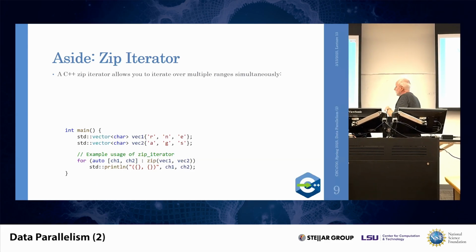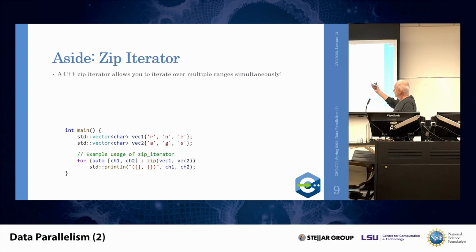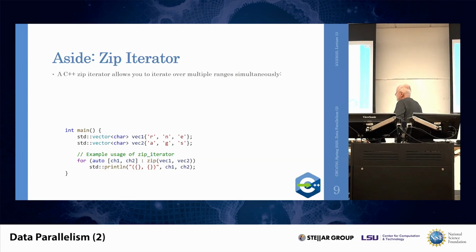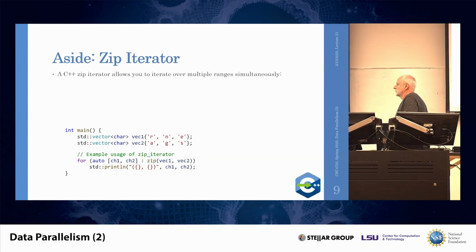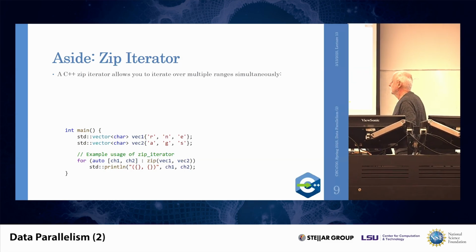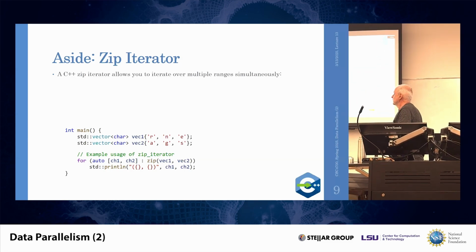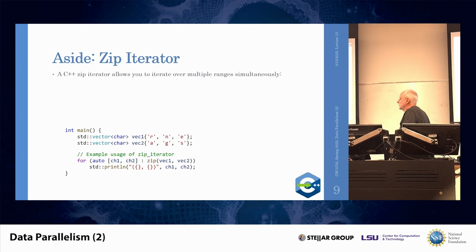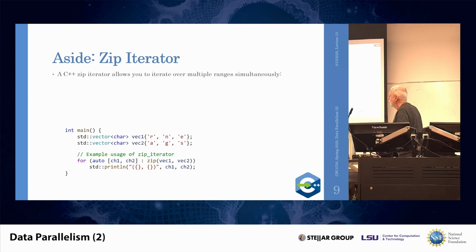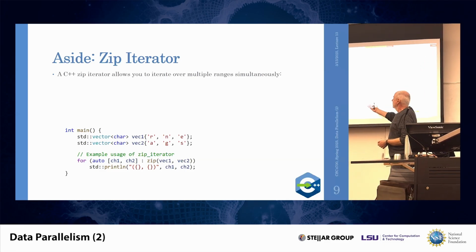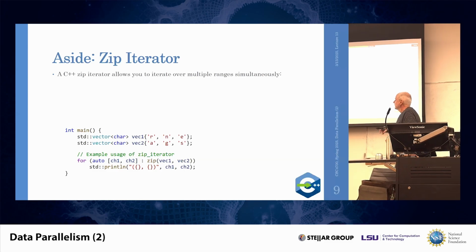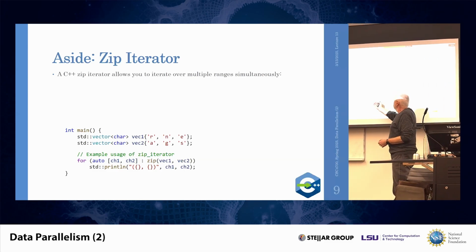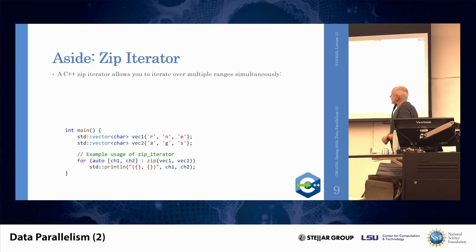Just to give you an example, I have 2 sequences, 2 character sequences in this case, but the elements in the sequences don't have to have the same type. I just used both sequences consisting of chars here for simplicity. And now what you can do, you can use the zip construct, and I will show you how that's implemented in a second, by passing the 2 sequences to it and use it in a normal iteration context.